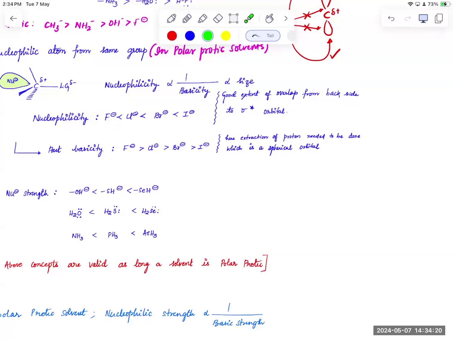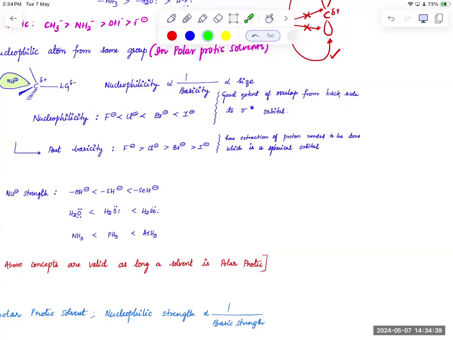Let's say water is the example. F minus will be strongly associated with water molecules, so moving F minus towards carbon to attack it becomes very slow. But I minus will not be strongly held by water molecules, so it moves relatively more freely.